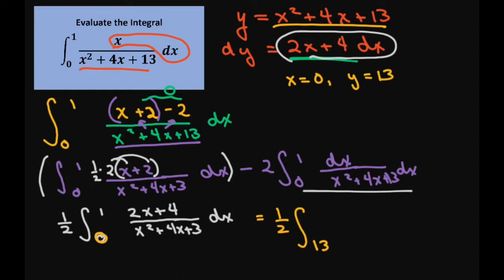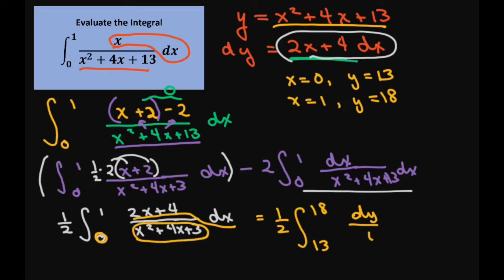For my upper limit, when x is 1, my y is going to be 18. So my upper limit is 18. This part right here is just going to be dy, and this part here is just y. All right, so that's this piece.